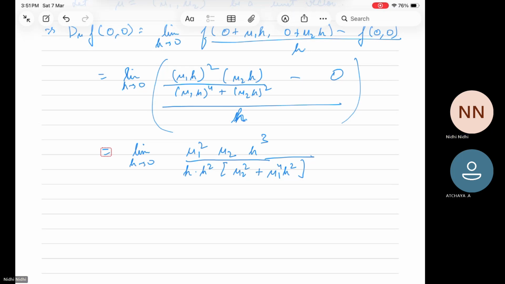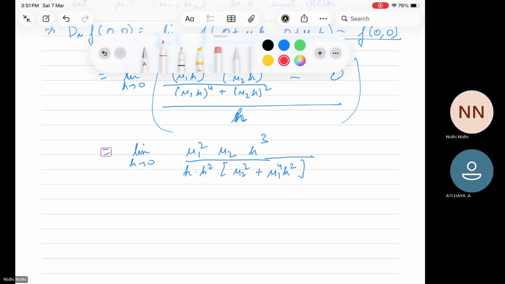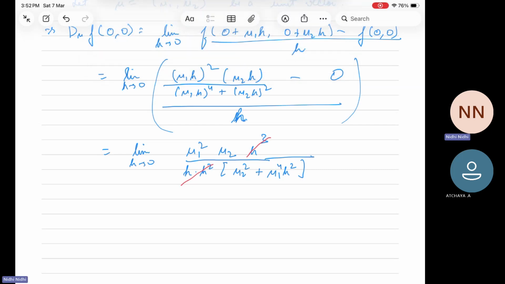So this h cube gets cancelled out. We are left with limit h tending to 0, u1 square u2 upon u2 square plus u1 power 4 h square.